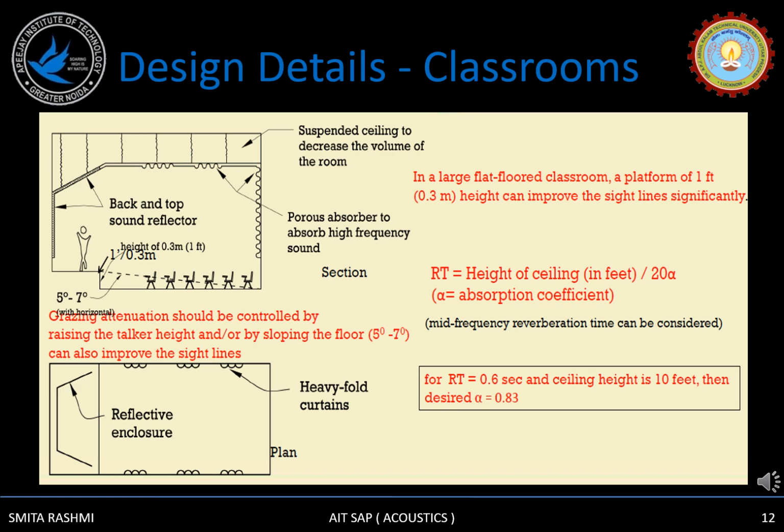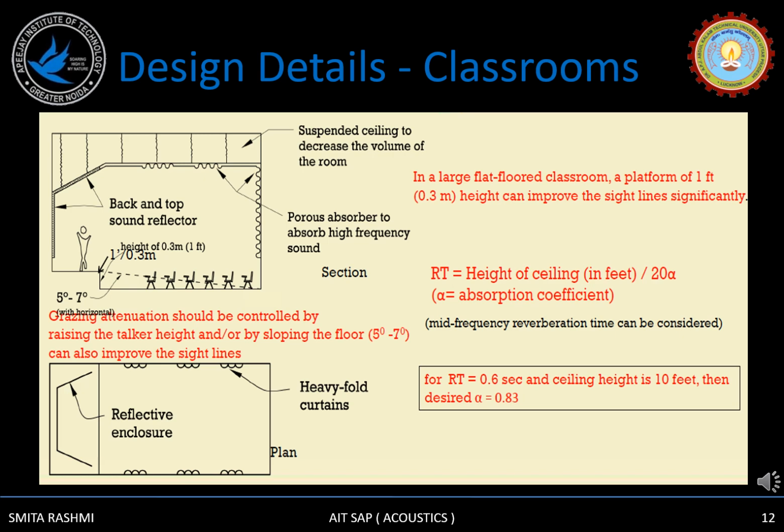Then in a large flat-floored classroom, a platform of 1 foot height can improve the sight lines also. The RT is a function of height. So RT is equal to H, the height of the ceiling in feet, divided by 20 alpha.